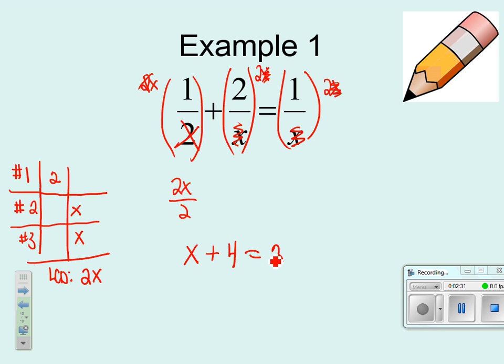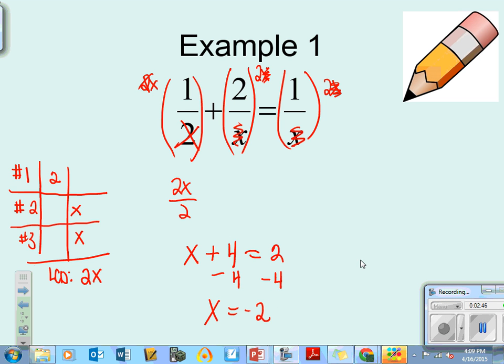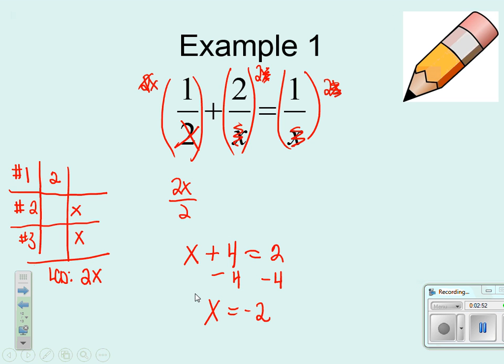Now my problem says x plus 4 equals 2. What's the answer? Well, subtract 4. X equals negative 2. Now, remember, friends don't let friends divide by, oh yeah, you got it, 0. So if I plug a negative 2 back up into this problem, will I get a 0? No. So the answer is negative 2.